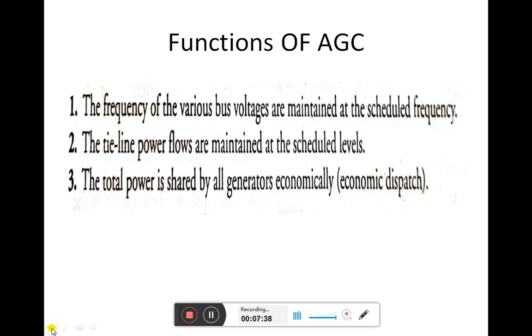Now let us see what the functions of AGC are. In a power system, the load and losses are sensitive to frequency. If a generating unit is tripped or the load on the system is increased, the power mismatch is initially compensated by extracting the kinetic energy from system inertial storage, causing a decline in system frequency.